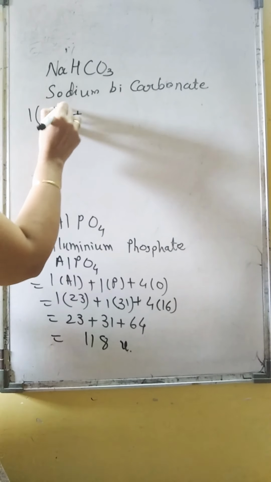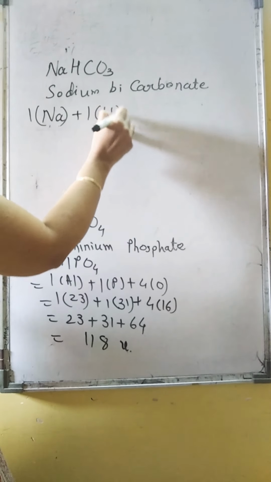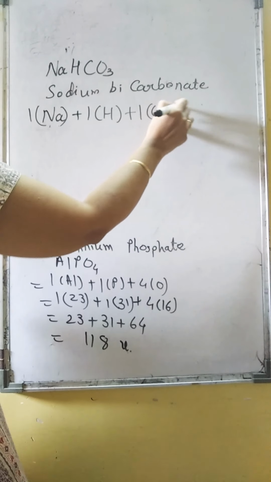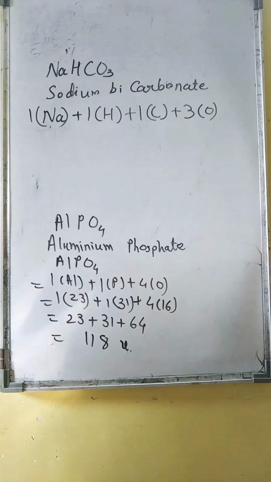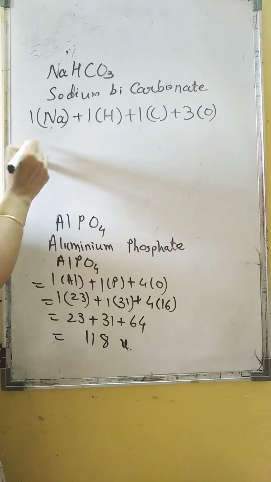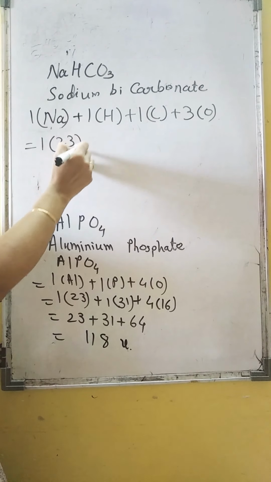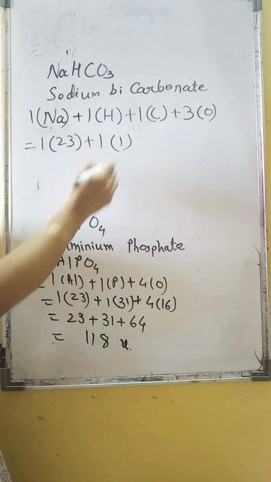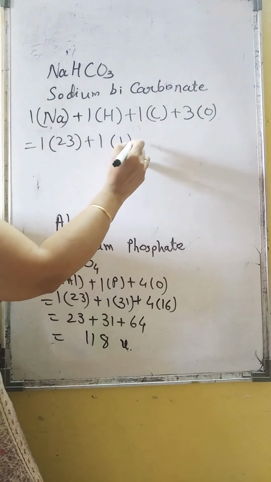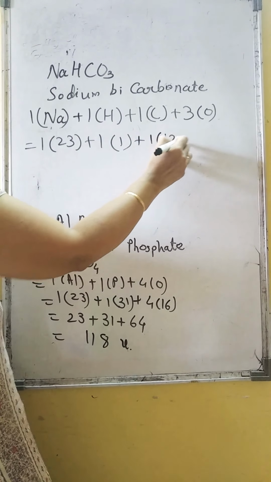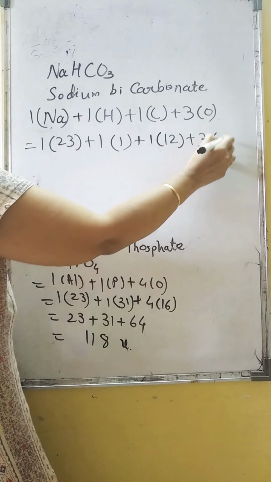Na 1 time Na plus 1 time H plus 1 time C and 3 times O. Right? So you have 1 time 23 plus 1 time H, it is just 1, plus 1 time 12 plus 3 times 16.